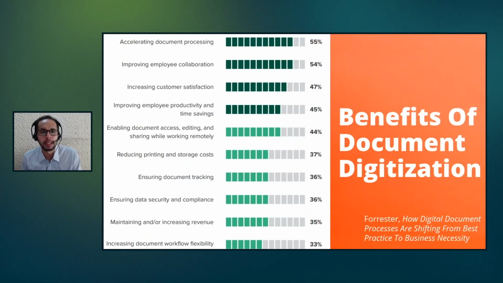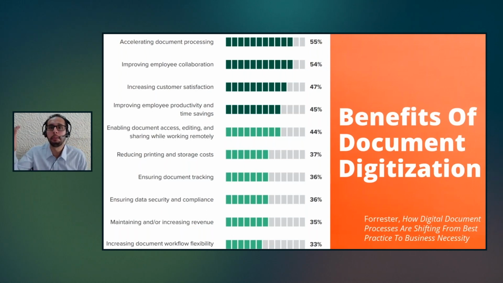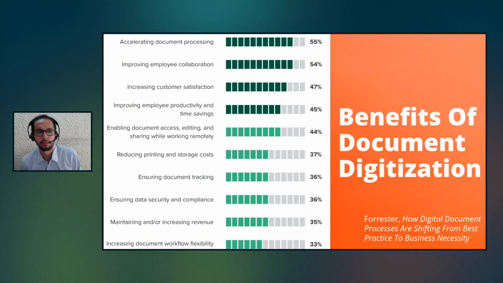If I have a document that must be processed or handled by 1, 2, 3, 4 areas at the same time, I know that my document can move in the same way that my process is moving. I don't need to send one folder from floor 10 to floor 15 and then back to floor 8 just to complete one process. So my employee collaboration is much better.